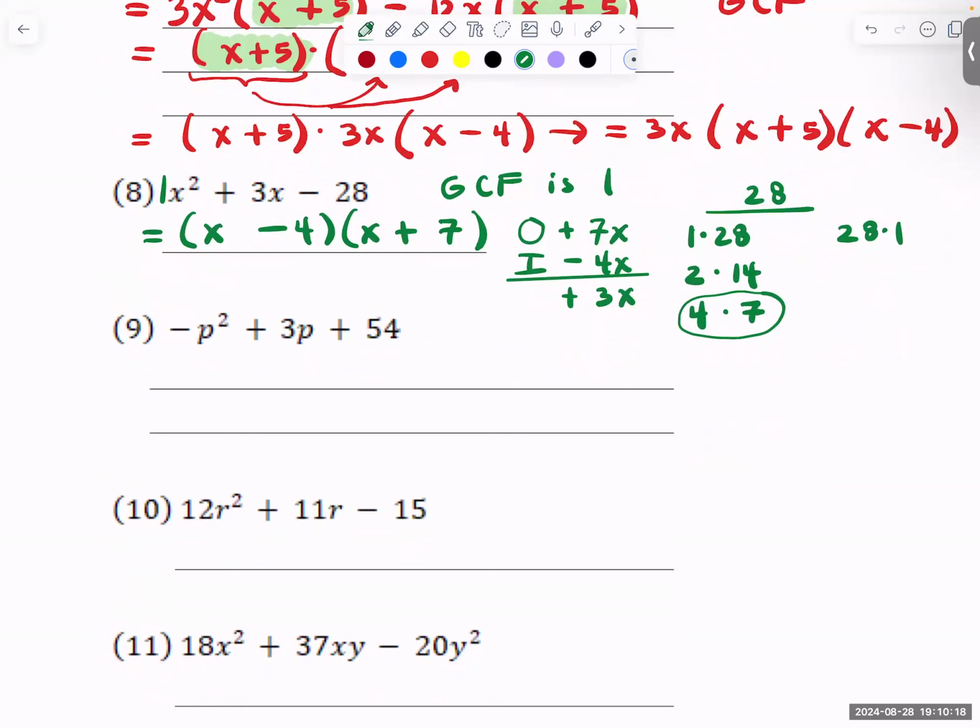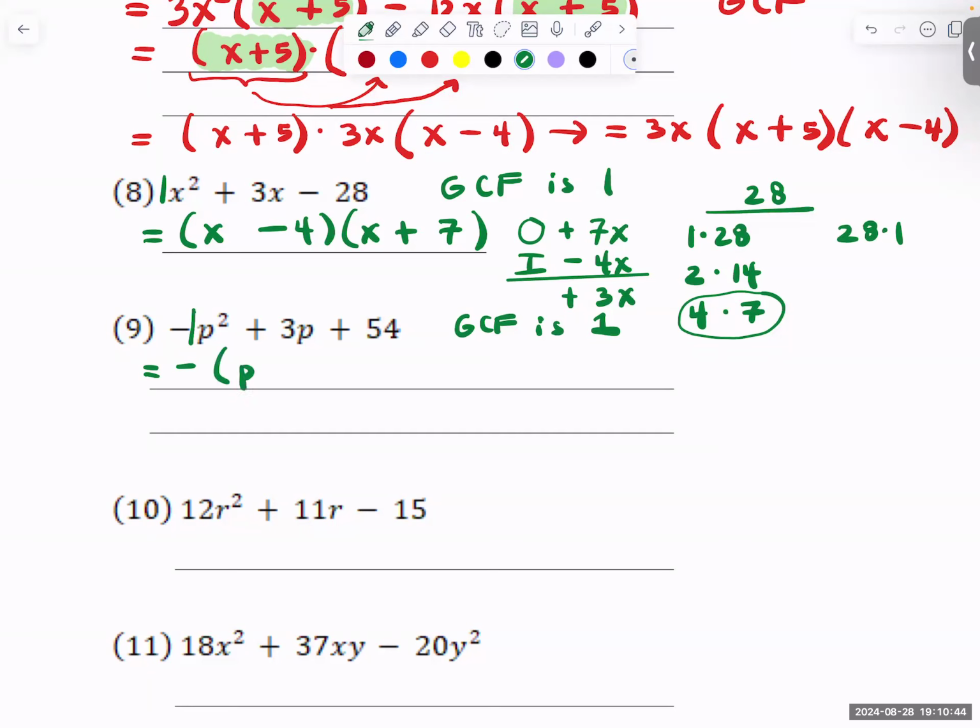Number 9. Number 9 is a second degree trinomial. The leading coefficient is negative 1. The greatest common factor is 1. When the leading coefficient is -1, it is good practice to first factor out a -1, or just a negative sign.